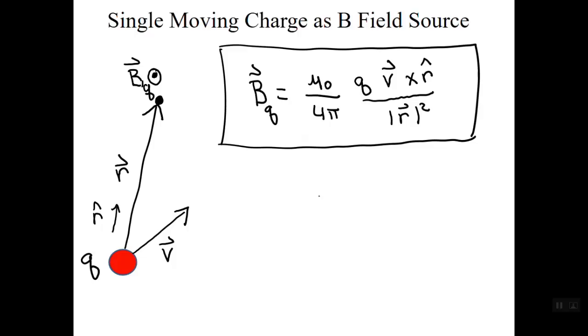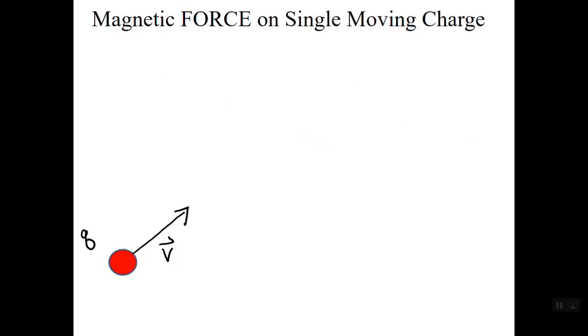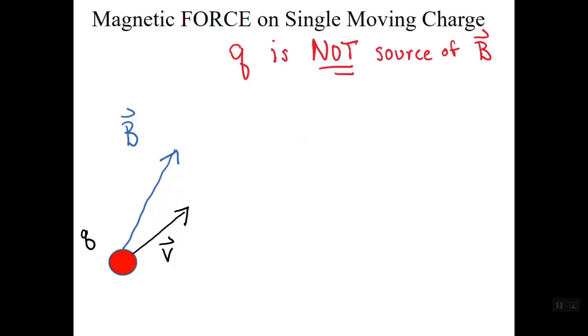magnetic field source. Now let's consider a different situation. Like before, we'll start with a single charge q which is moving with velocity vector v. However, this time at the location of the charge we have a magnetic field vector B. Now let me emphasize, the source of this B field is not charge Q. The source is elsewhere.